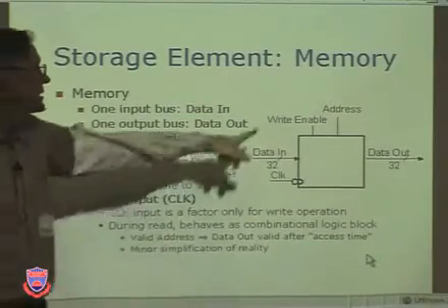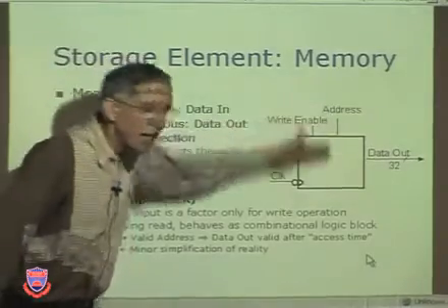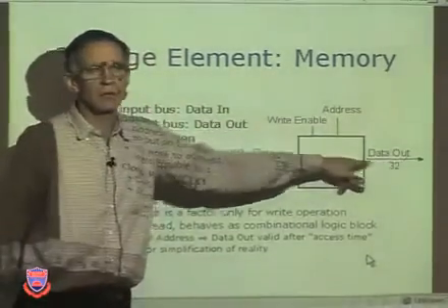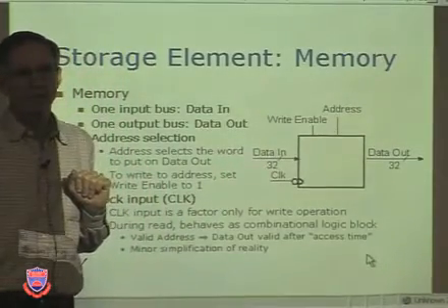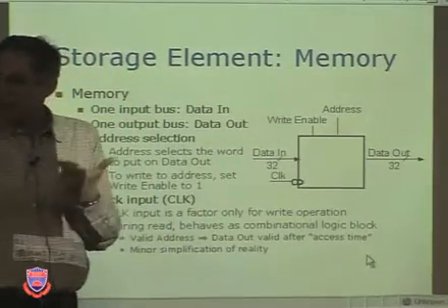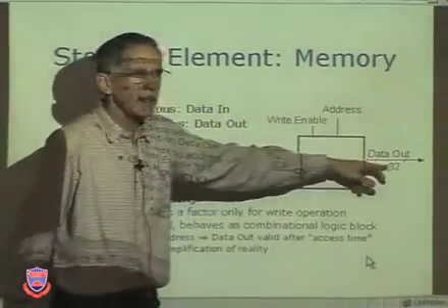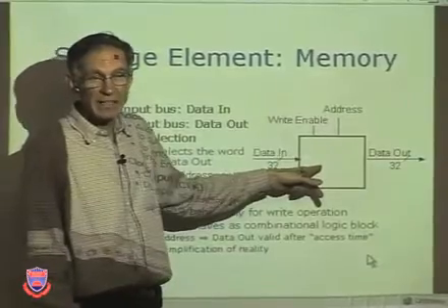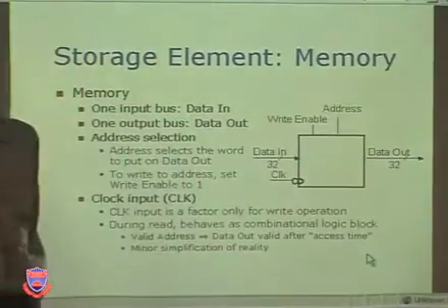How come we don't say how many bits this is? Because we didn't say how big the memory is. How can we be so sure that this is 32 and this is 32? Yeah, because it's 4 bytes wide. So the memory words are 32 bits each, but we don't know how many there are. If I tell you this is a megabyte of memory, how many addresses will I have?